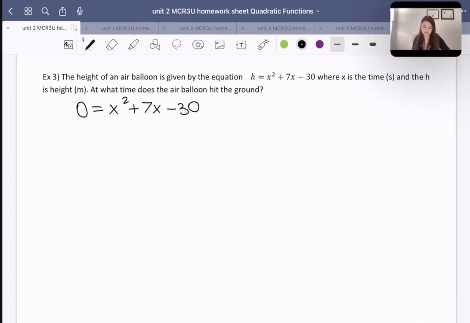So let's do it. So this one looks like it might be the one where we solve by grouping. So let's give that a try. Can we think of two numbers that multiply to negative 30 and add up to 7? One technique I like to tell everyone for this kind of factoring in general is there's a lot of things that add up to 7 or any given number, but there's only so many things that multiply to negative 30 or any given number, right?